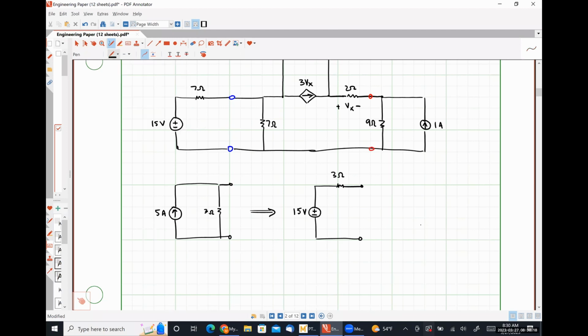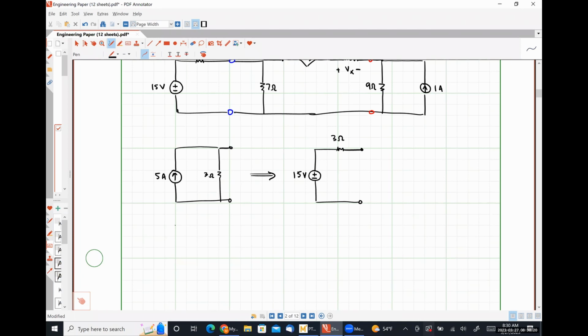So when I have a 9 ohm resistor in parallel with a 1 amp source, what is the electrical equivalent practical voltage source? 9 volts in series with 9 ohms.